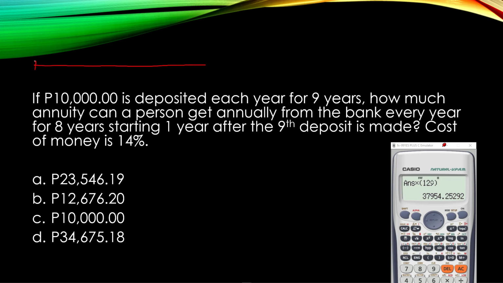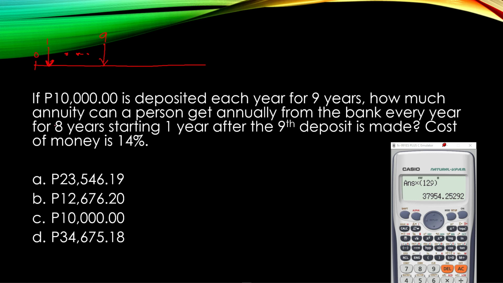At time 0, ito. Okay, deposit each year. So, deposit, papasok yung pera. Each year. So, start at 1 for 9 years. Okay, dot na lang natin, after 9 years. So, year 9.